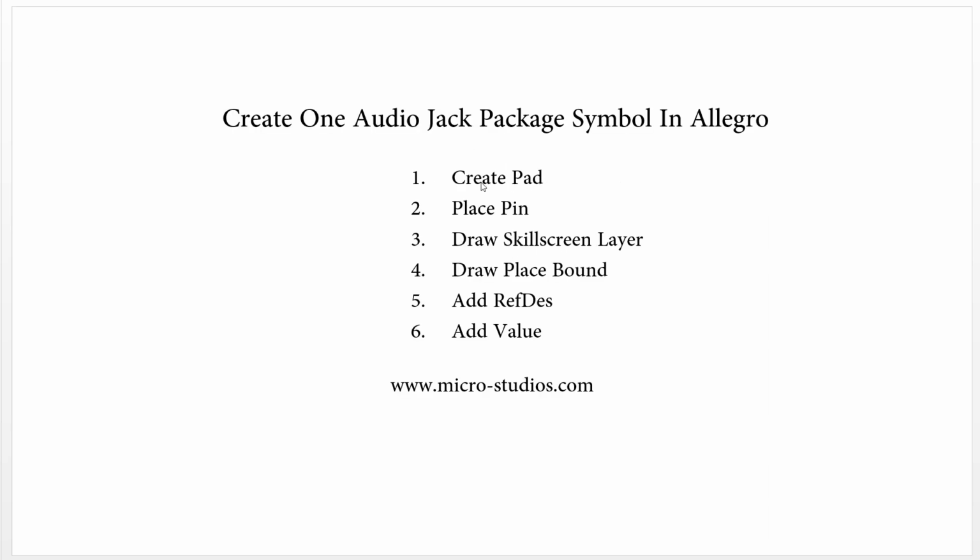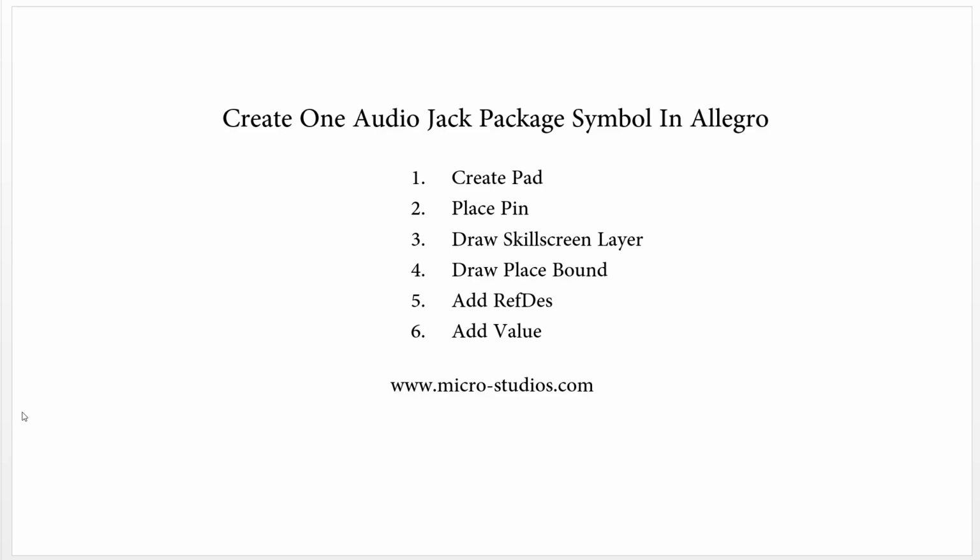The first step is to create the pad. The second step is to place pin. The third step is to draw the silk screen layer. The next step is to draw the place bound. Next, we will edit the reference ID, and next is to edit the value.